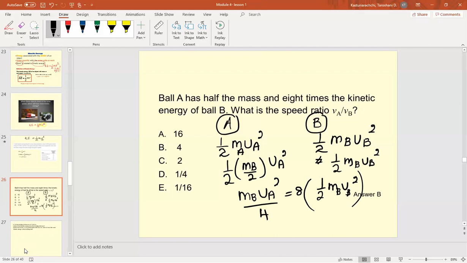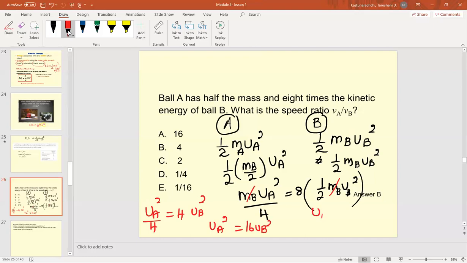Okay. Now what is it asking? Asking va to vb, right? Okay, mb, this is just the language. You are just applying this. mb cancels out because this energy is 8 times the kinetic energy of ball B. Now what am I ending up with here? va squared over 4 is equal to 4 times vb squared. va squared is 16 vb squared.